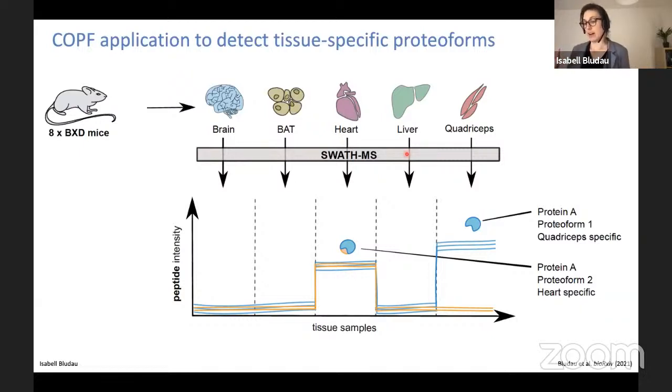So if you have a massive rearrangement of complexes, as for example in the cell cycle or during differentiation processes, then this is a great strategy to use. But if you're more interested in minor perturbations, I would recommend something else.